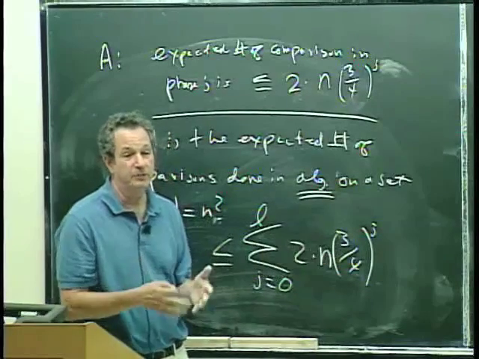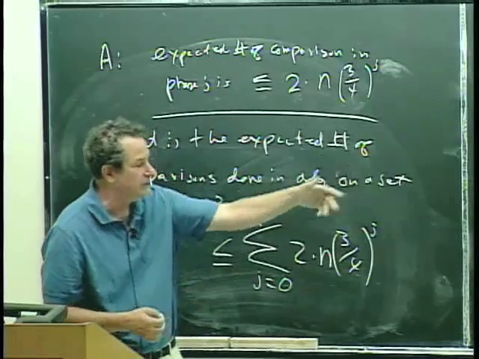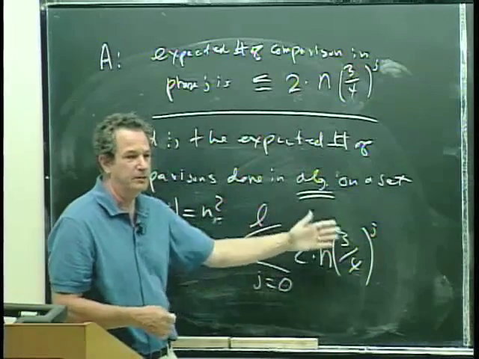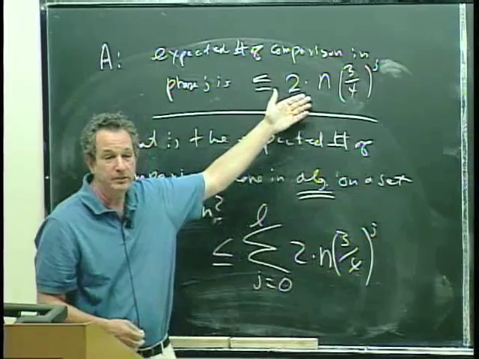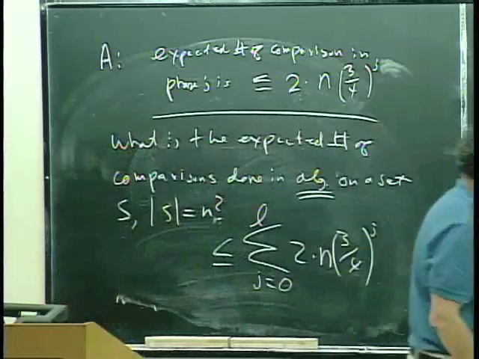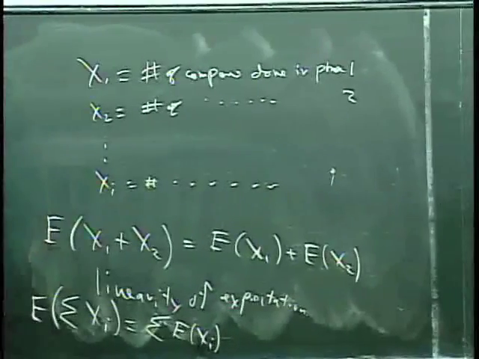It may feel like the right answer. I think if I hadn't digressed and talked about the linearity of expectation, many people would have said this is the right thing to do anyway, just sum up what happens in each one of the phases. But it's really subtle. You need this kind of a fact to justify doing those sums.